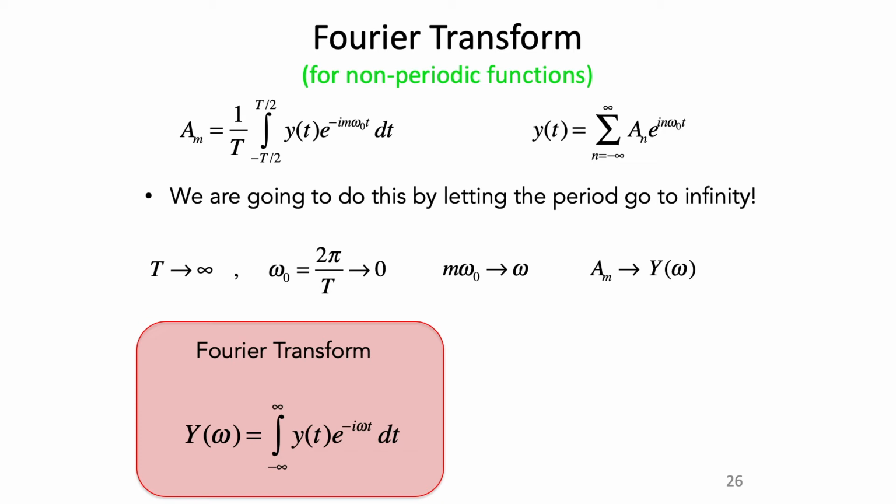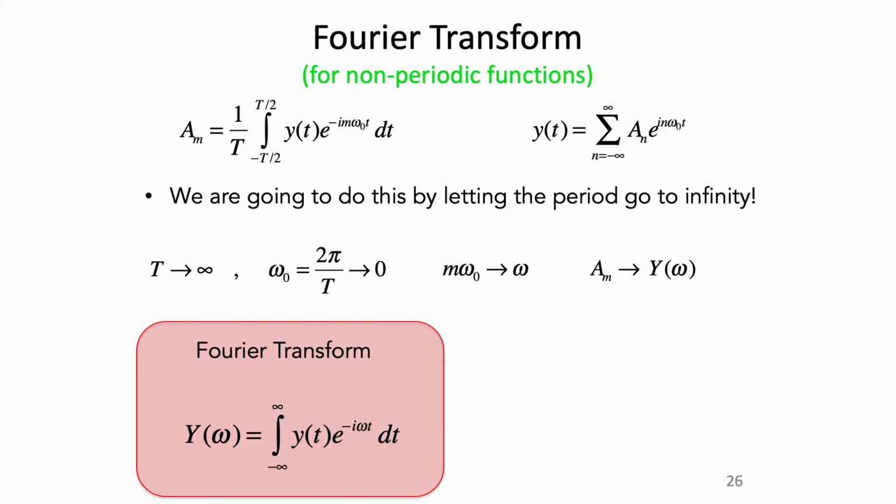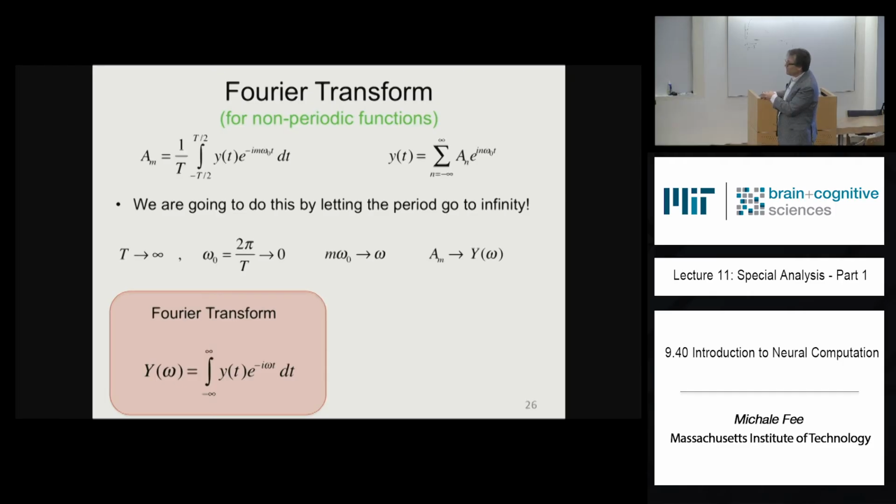So the coefficients become a function of frequency that's just an integral. Remember, T is going to infinity now, so this has to go from minus infinity to infinity of our function y times our basis function, and instead of e to the minus i m omega naught t, we just replace m omega naught with omega, so e to the minus i omega t. And that is the Fourier transform.